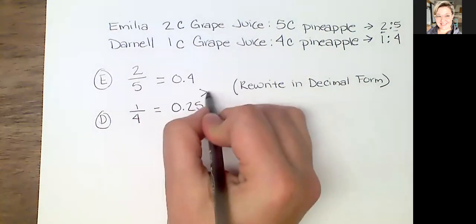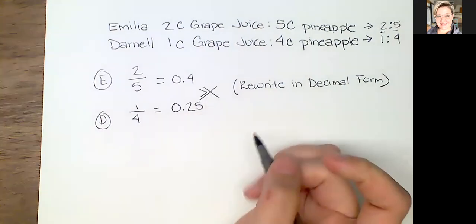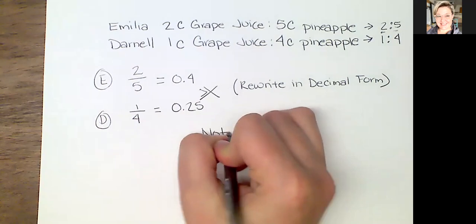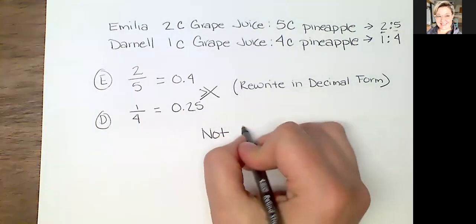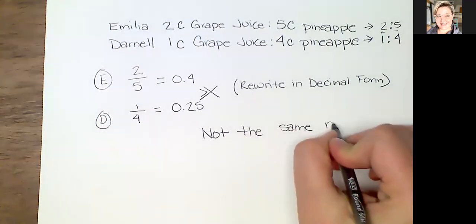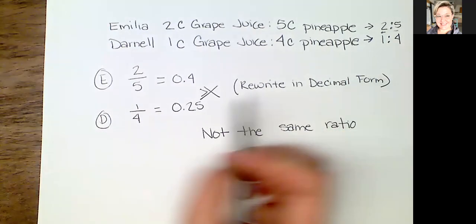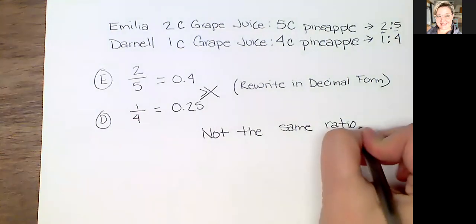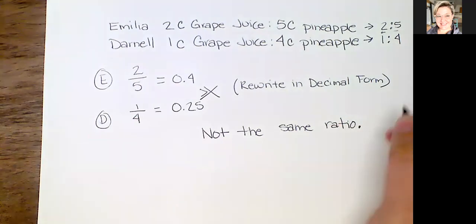And are they? No, they are not. Okay, they are not equal, so they are not the same ratio. Remember, the simplified fraction or the decimal number has to be the same number in order for them to be the same ratio.